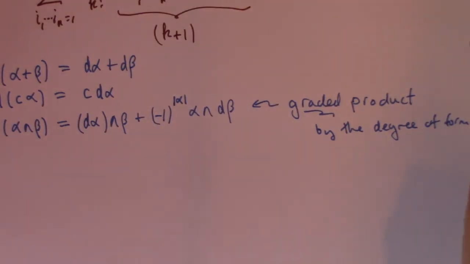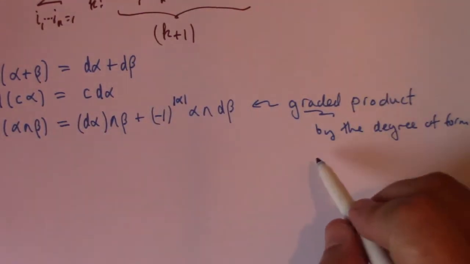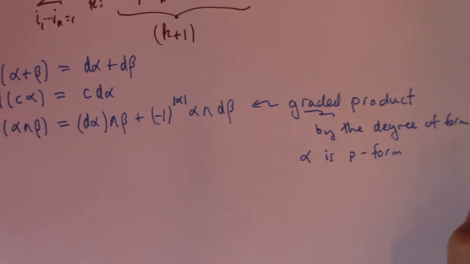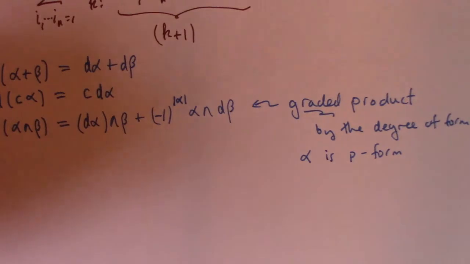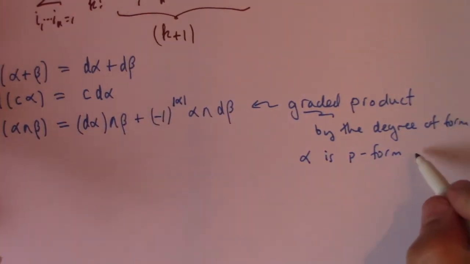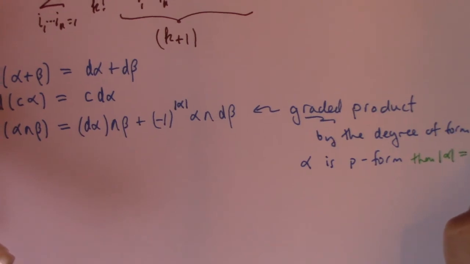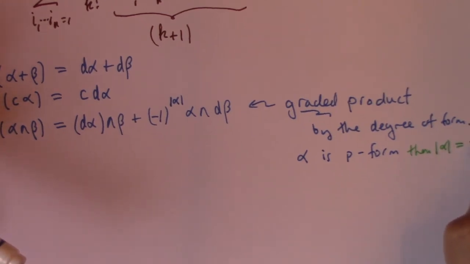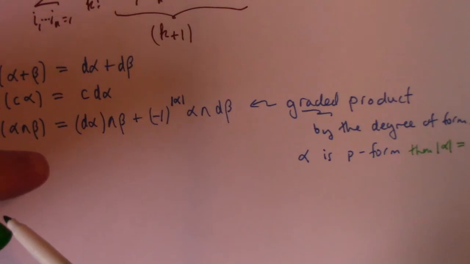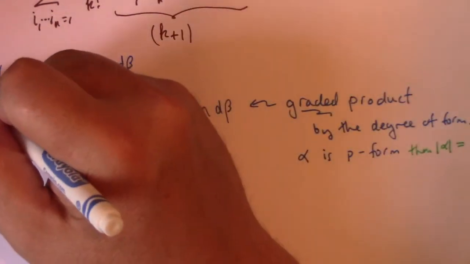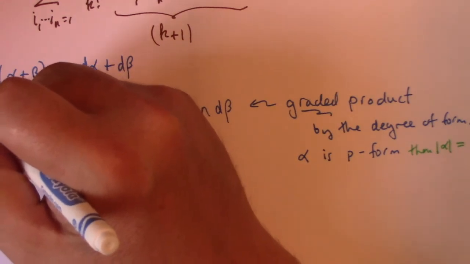So if alpha is a p form, then I'm defining this new notation: degree of alpha equals p. Okay, that's all I mean by that. Nothing snazzy. Now the proof of 1 and 2 is almost immediate from the definition.